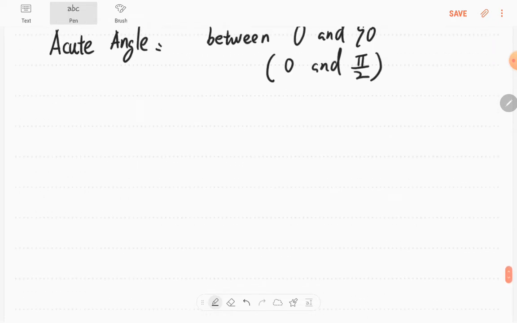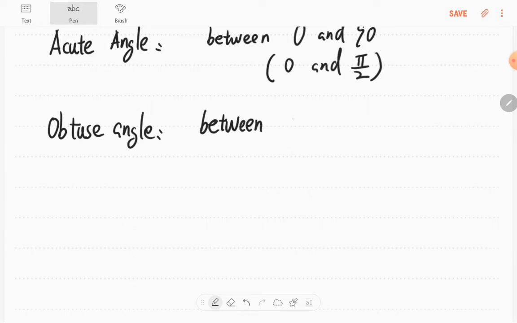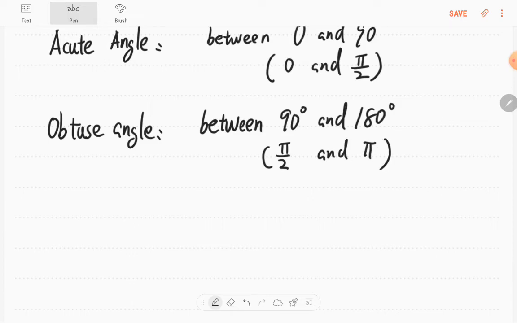And obtuse angle is an angle between 90 degrees and 180 degrees, or between pi over 2 and pi. So this is called the obtuse angle.